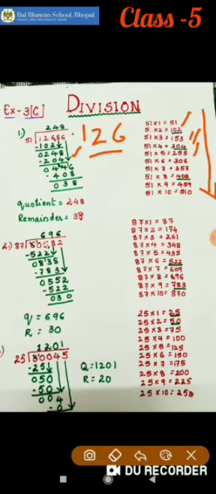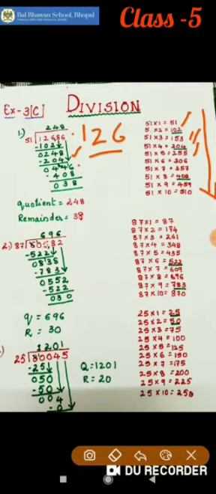Now we will bring this 6 down. When we bring this 6 down, the number has become 446. Now we will search for a number in the table such that the number should be equal to 446 or should be less than 446.